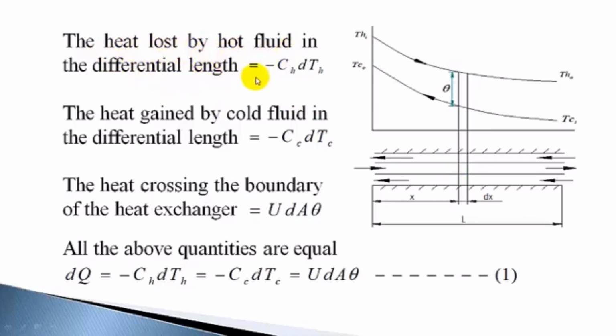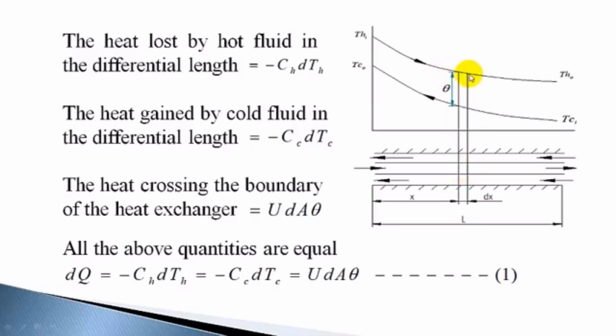The heat lost by hot fluid in the differential length is minus Ch dTh. C is the heat capacity of hot fluid, that is mH Cph of hot fluid, and dTh is the differential temperature change for the hot fluid in that differential length. So in the differential length you are taking this differential element.